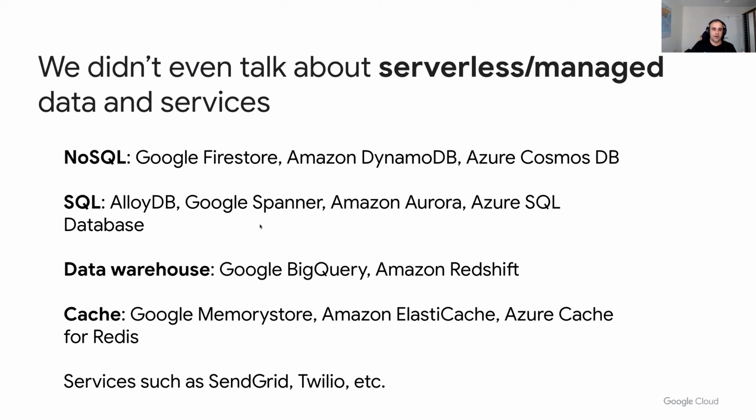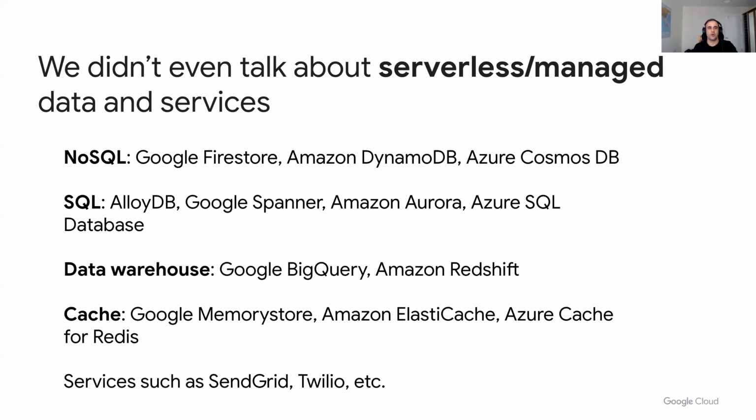And there's data warehouse solutions like BigQuery, caching with Memorystore, which is based on Redis, but it's managed. And even when you want to do things like sending an email or making a call, there are services like SendGrid and Twilio. They're services, but they help you make those with just an API call, rather than trying to do that yourself by running a VM or something like that.